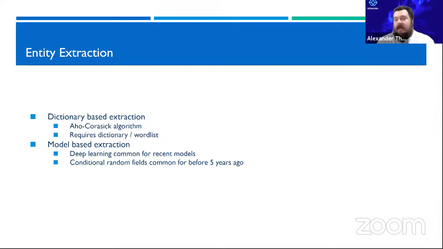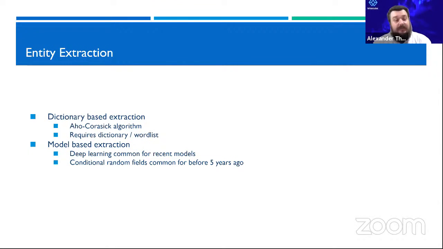It's essentially a tree data structure of tokens that you use to search through text without having to backtrack. That means it's a pretty efficient way to do pattern matching when you have a large number of patterns. It requires a dictionary or word list, essentially a list of names and aliases to create the tree structure.